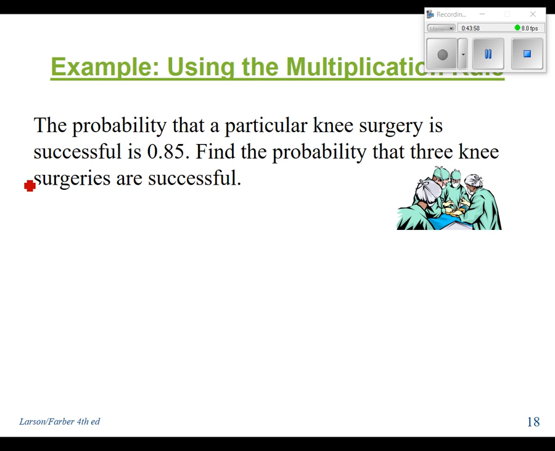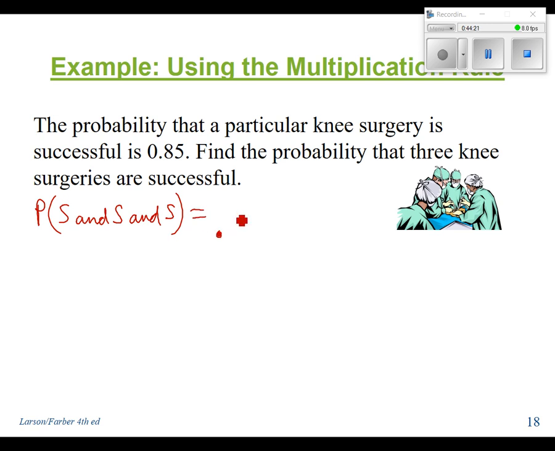So, probability that a particular knee surgery is successful, find the probability that all 3 of them are successful. So we could set up, we want probability of success and success and success. What's the probability that you get the first success?